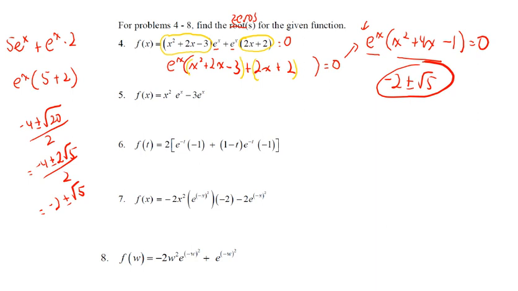All right. So now, this first term cannot equal 0. Any power of e can't be 0. So I really don't have to pay attention to it. And this inside is very easy to factor. It's x minus 1 squared.